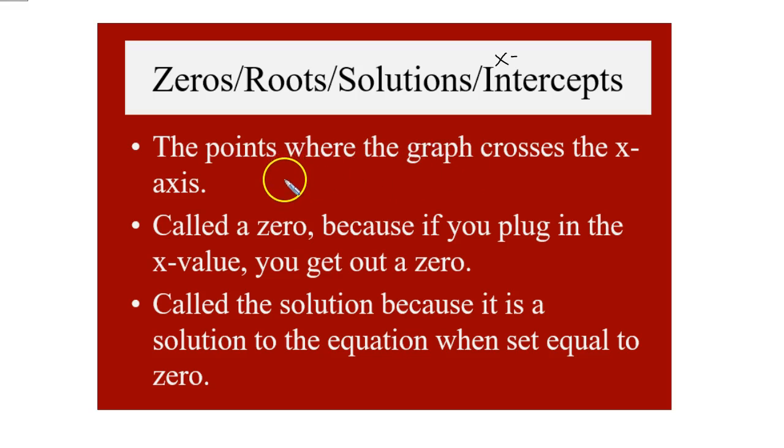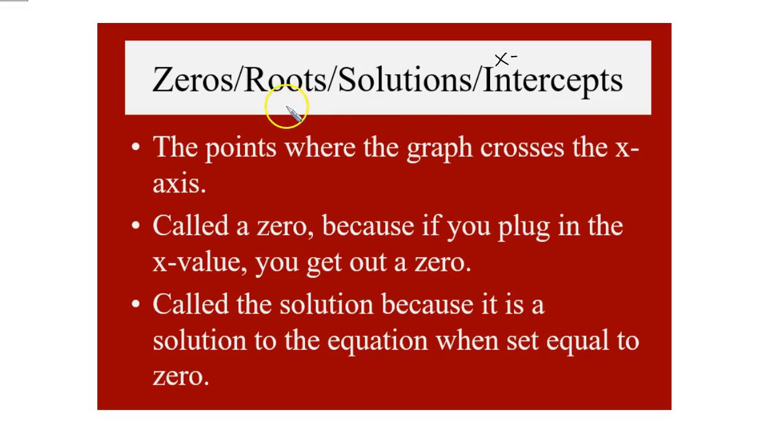On a graph, that's what we're looking for. These are called zeros because if you plug in the x value, you get an outcome of 0. We call them solutions because it is the solution to the equation if we set the function equal to 0.